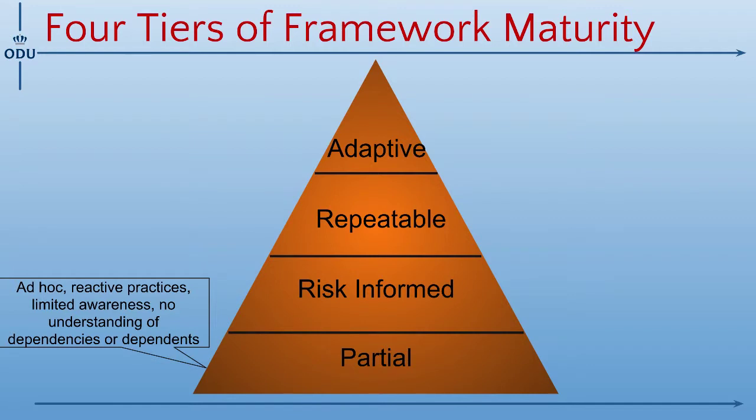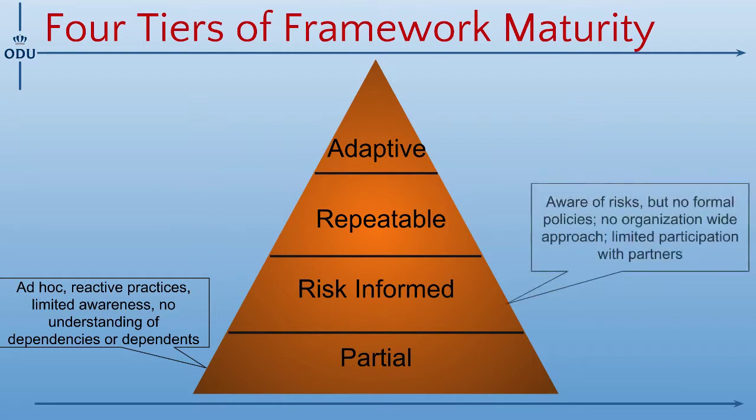It's where you have very little, if any, framework in place for addressing cybersecurity related risks. Everything is sort of ad hoc, fly by the seat of your pants processes where you are reacting to what you think are cybersecurity issues, as opposed to being proactively in front of those issues.